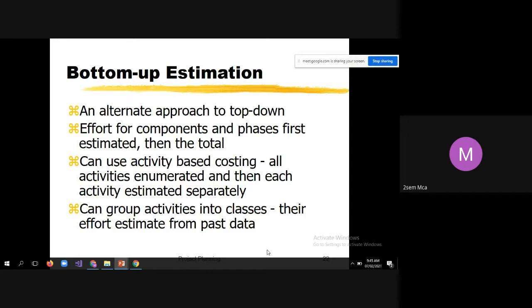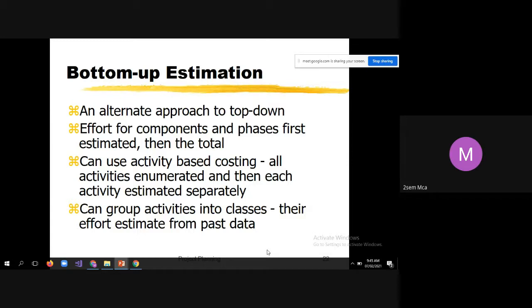So there will be various phases like requirements, design, development, testing, and so on, isn't it? So first you need to estimate the effort required for the components and phases, then estimate the total effort. And here we can use activity based costing.